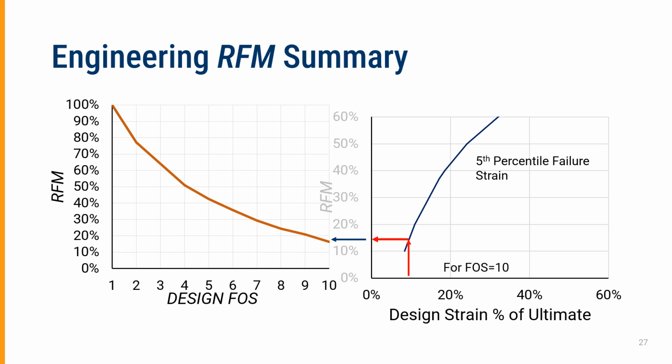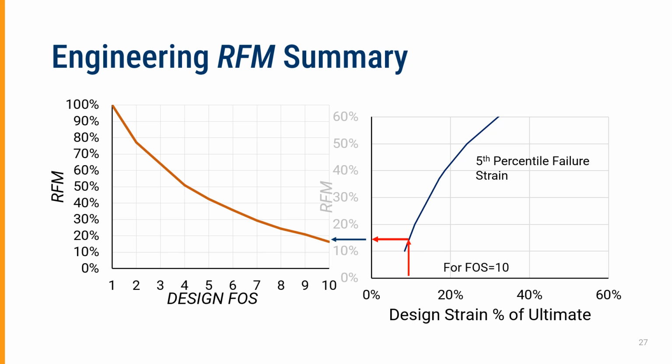So if we come over here and apply this value at 10%, we can say that at a factor of 10, we have 10% of RFM, give or take. Actually, it's about 12%.